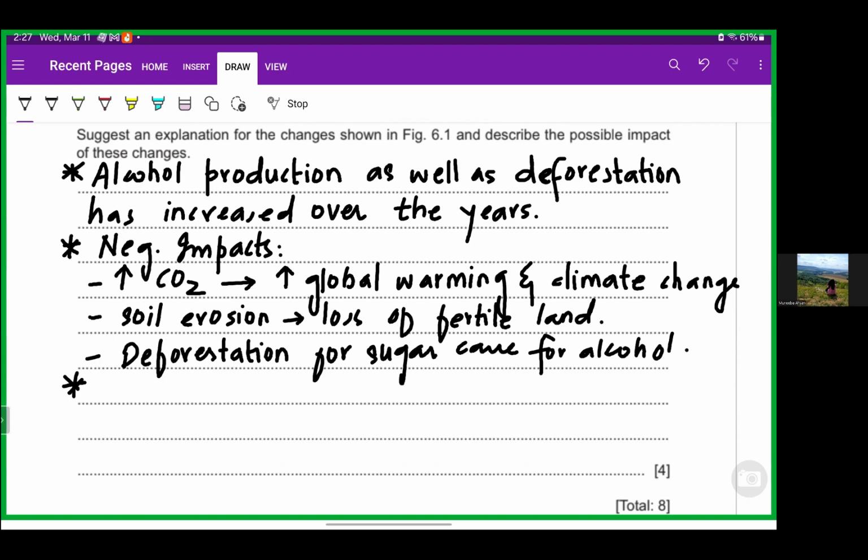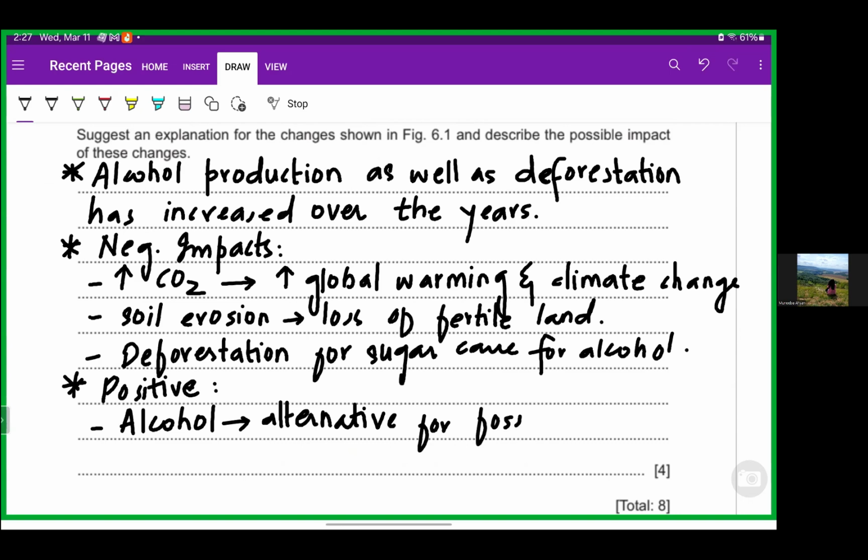Okay, what could be the positive impact of deforestation which we are causing for production of alcohol? So it means that it will provide us with alcohol which can be an alternative replacement, an alternative for fossil fuels.